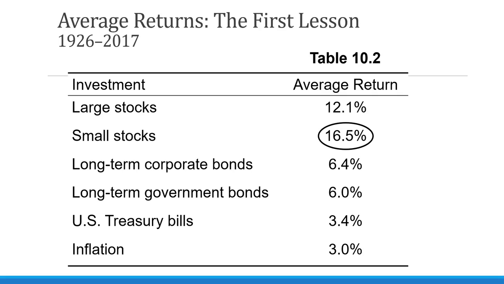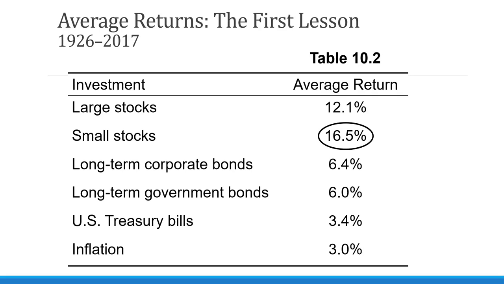Our long-term corporate bonds and then long-term government bonds. And then the lowest return being from the US Treasury bills or T-bills. We also need to know that the average rate of inflation over that period was 3%. So when we're looking at these returns, these were our nominal returns. If we adjusted them for inflation, for example, we have 3.4% average return on US Treasury bills and inflation of 3%.